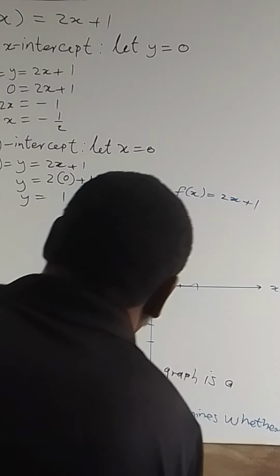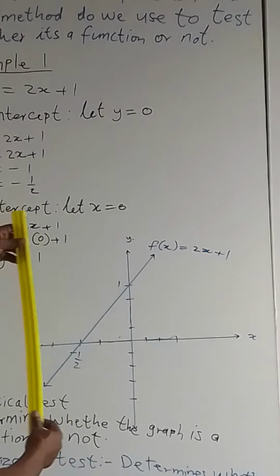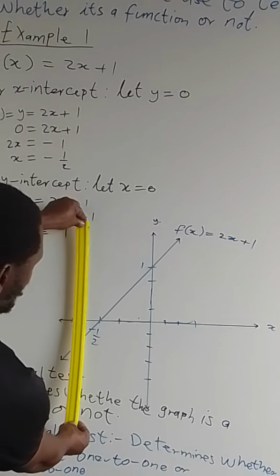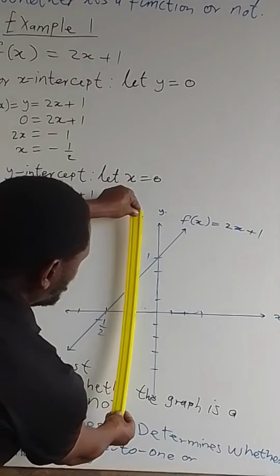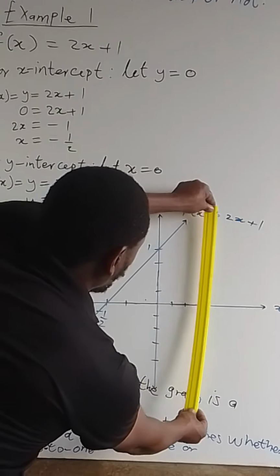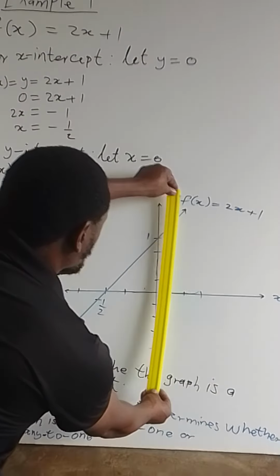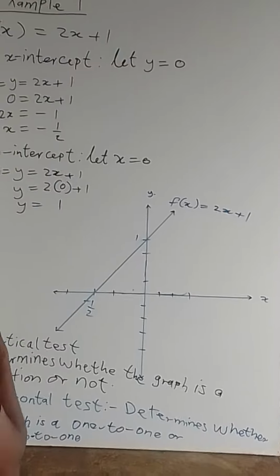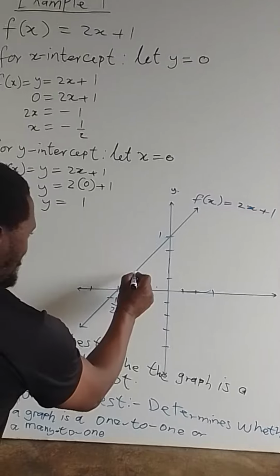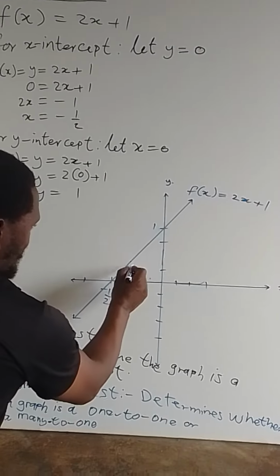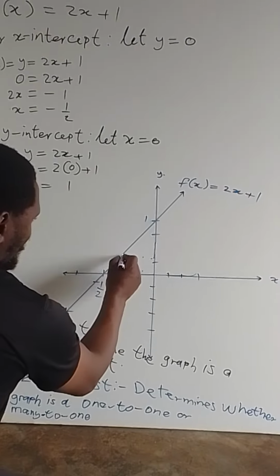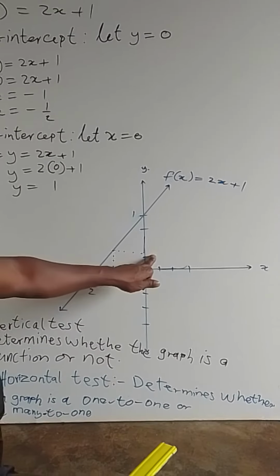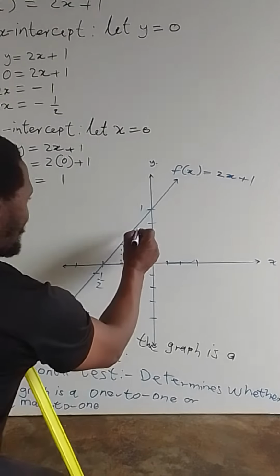Right, let's start with 1. It's a vertical test, right? We are going to move your ruler along your graph. As the graph is moving from left to right, you can see that it maps one value of x to one value of y.